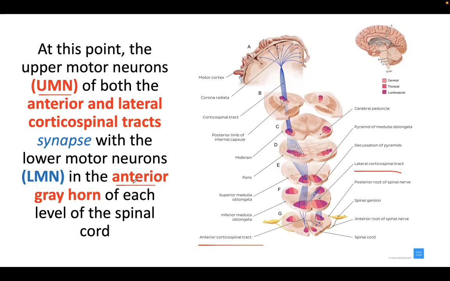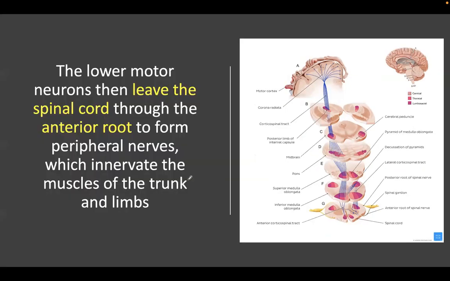It is the anterior gray horn of the spinal cord. Remember this, okay? The boundary or the landmark between the upper and the lower motor neuron is the anterior horn cells, okay?